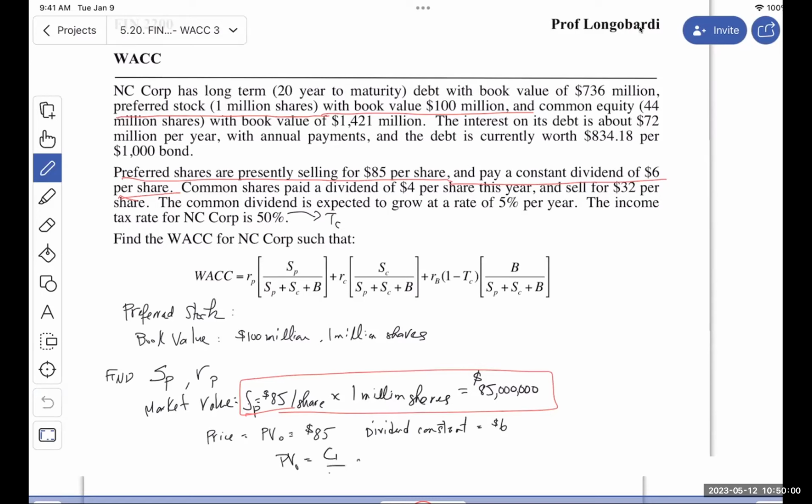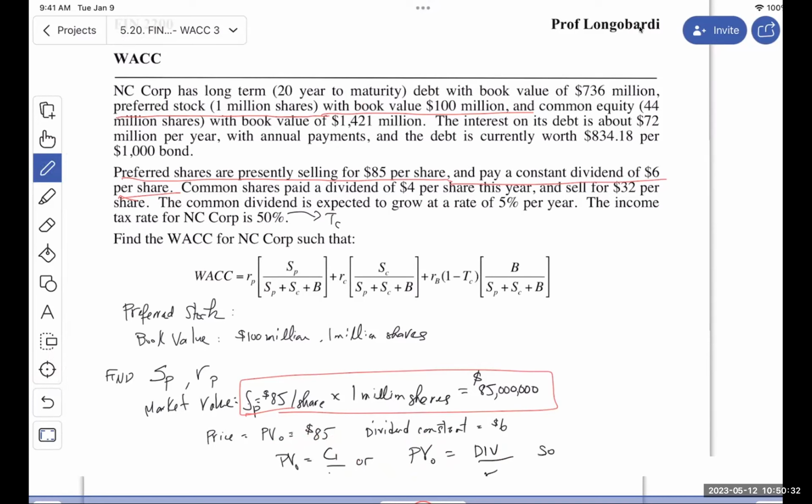I'm just going to write it with our notation. I'll just get rid of the expected value and write that. That's the interest rate, RP. That's the price, 85, and the dividend is 6. So it's just this formula. You don't need the dividend growth model because there's no growth, but you use the basic dividend formula.